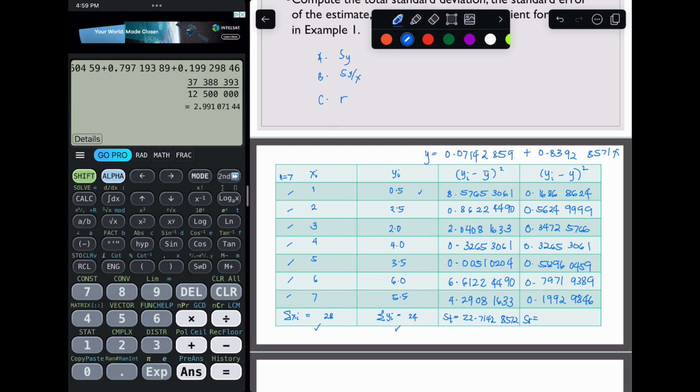So we have 2.99107144. So that is the sum of the residuals.